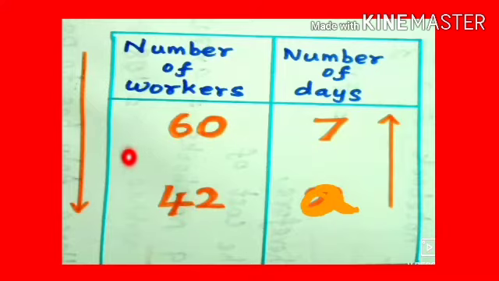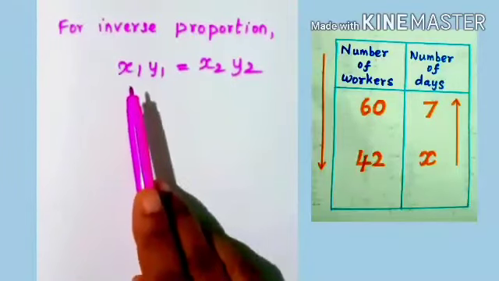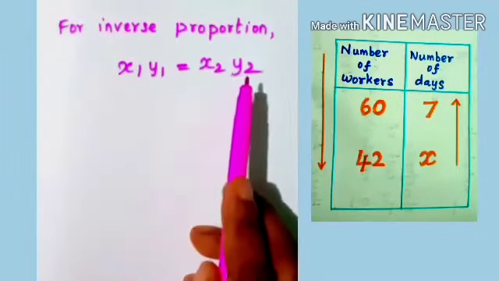Here we can easily understand that the number of workers decreases, so definitely the number of days will be more. So this situation falls under inverse proportion. For inverse proportion, we have the condition x1 y1 is equal to x2 y2.